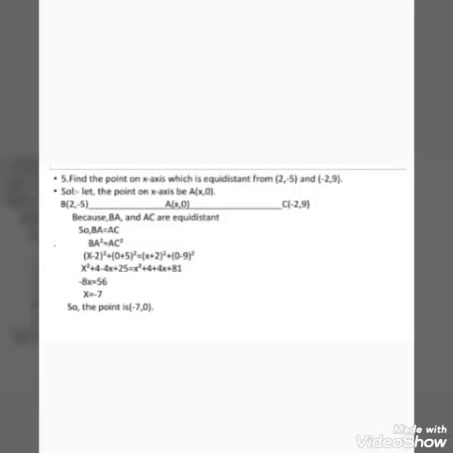So what is (x minus 2) whole square? It means x square plus 4 minus 4x, plus 5 square, 25, equal to x square plus 4 plus 4x plus 81.